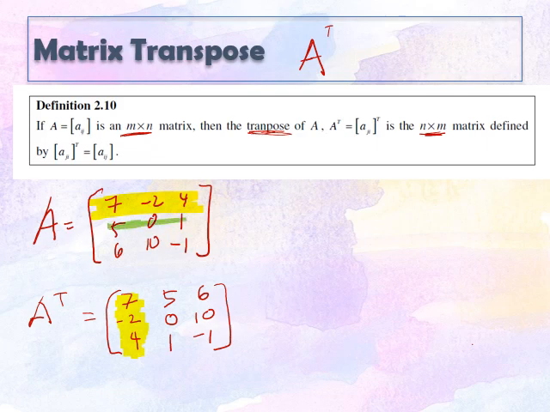When we transpose, we change rows to columns and columns to rows. I hope it's clear. This is what we call a transpose, the matrix transpose.